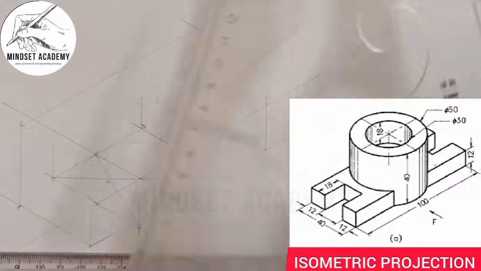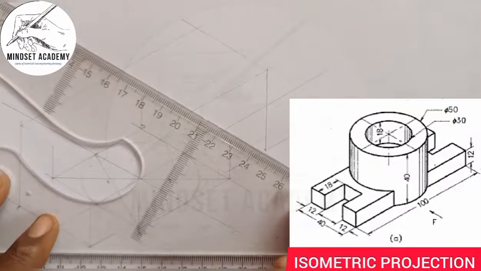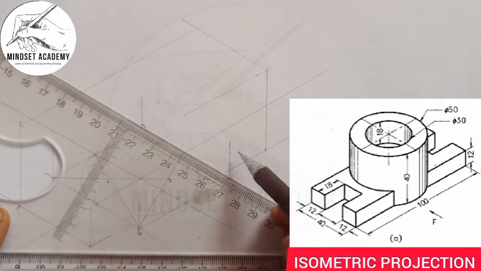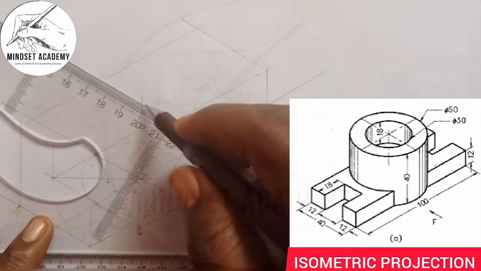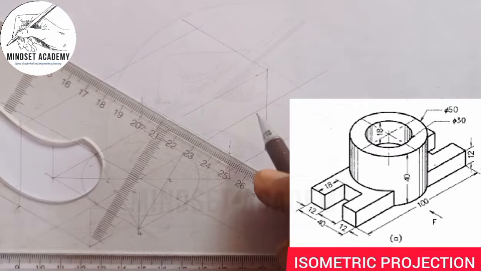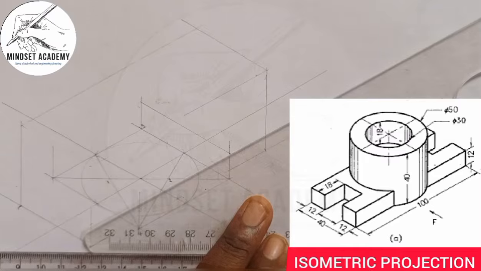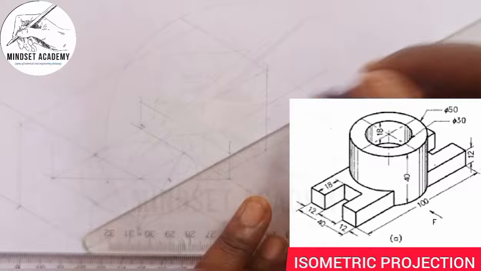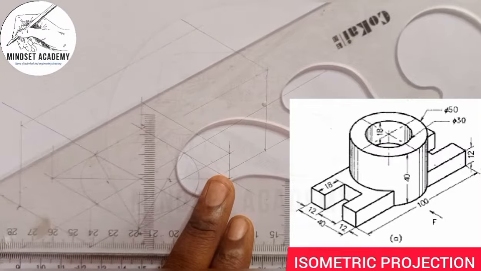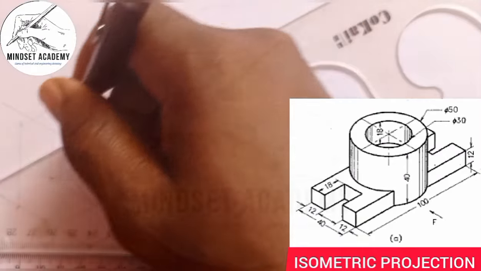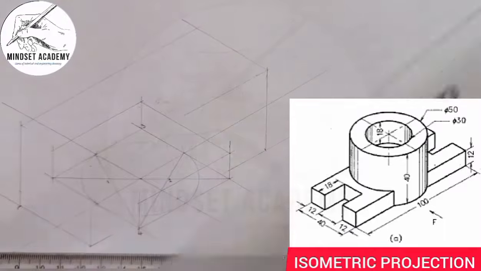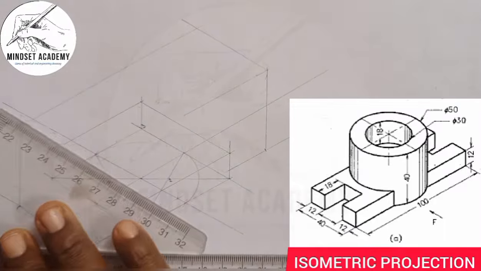Then I'm going to join all those points together. From this 12 I measured, I'll cover here to form another layer.